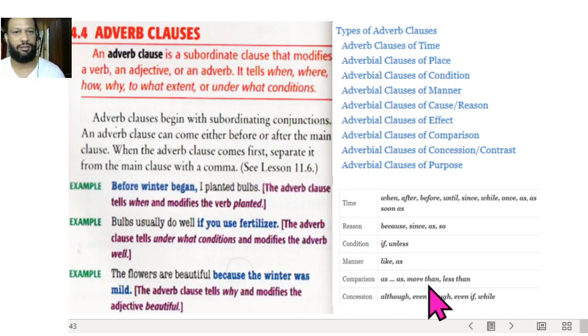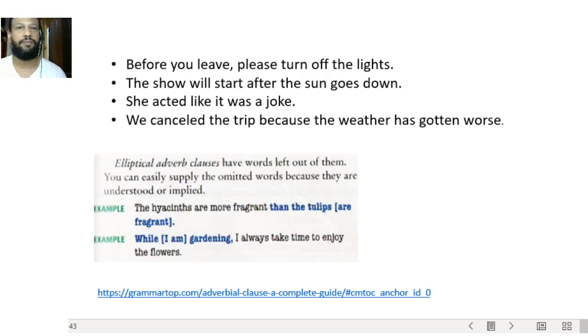Okay, you can rewind this video and see it again. See which ones you can use. And there are some other examples I provided here. Before you leave, please turn off the lights. You see that the first clause, before you leave, is an adverb clause.